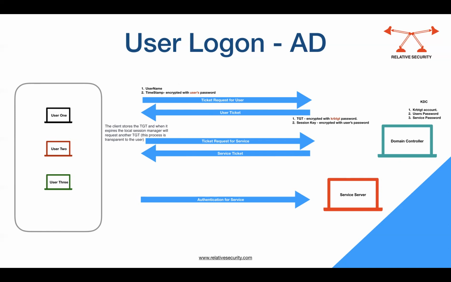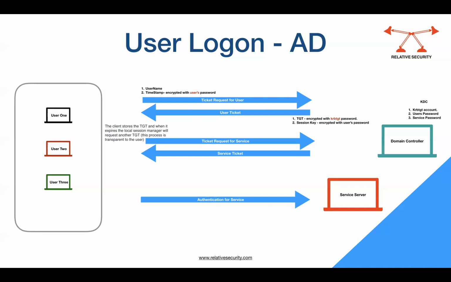Now, this key is going to be used to encrypt the current timestamp and a username which he has already given to the system. The username and the current timestamp are encrypted using the user's long-term key and sent to the domain controller.